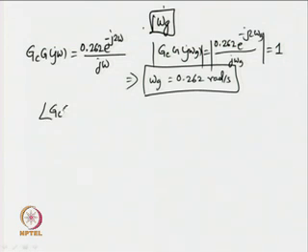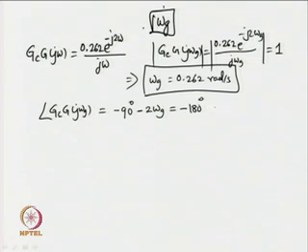So, the phase angle can be obtained at this frequency as minus 90 degree, then minus 2 omega g equal to minus 180 degree, which upon solving gives us an equation of the form, the phase of this system will be given by this magnitude.